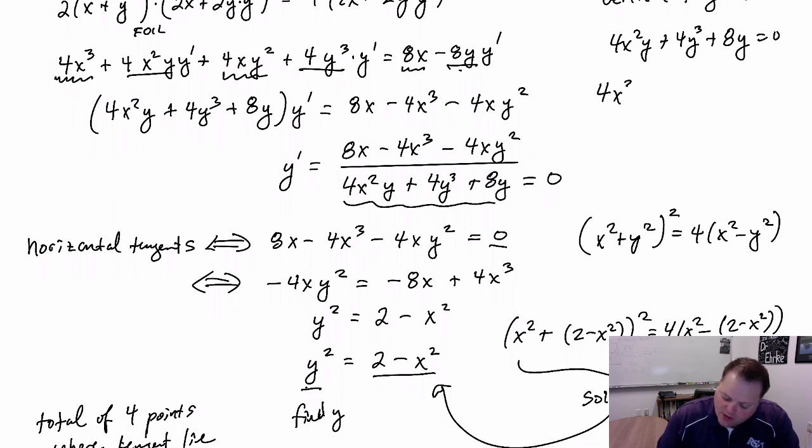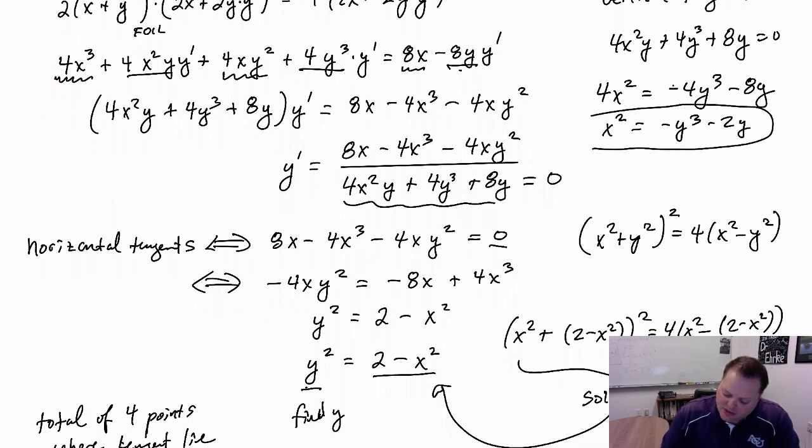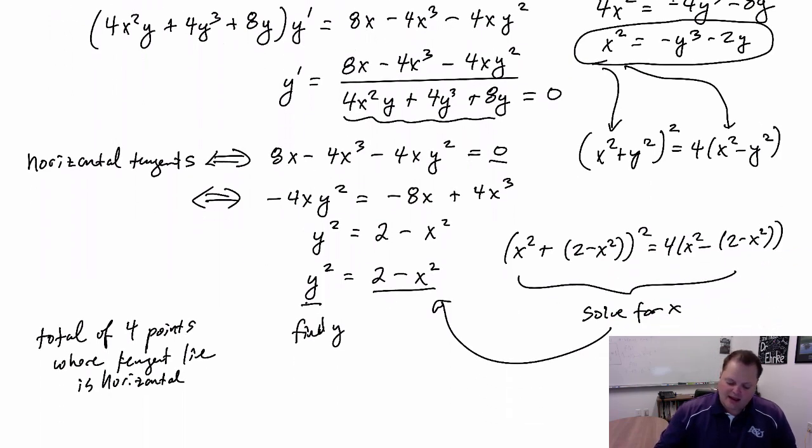I'd have 4x squared equals minus 4y cubed minus 8y. And so x squared would be negative y cubed negative 2y. So I could take this x squared, plug it in for everywhere I see an x squared in this problem, and use that to solve for y, and do it just like I would do the horizontal tangent.